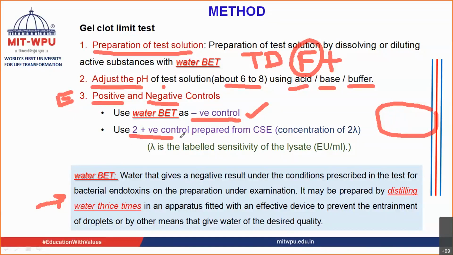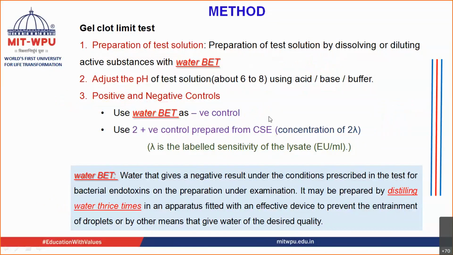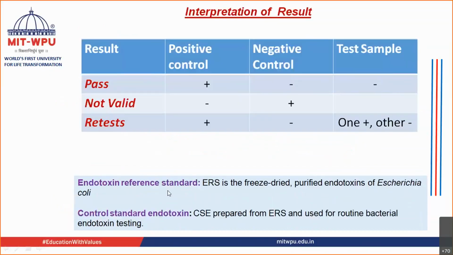And you are going to use positive controls. You are going to use two positive controls. Now, what are these positive controls? These positive controls are prepared from CSE. What is CSE? CSE is prepared from ERS. What is ERS?